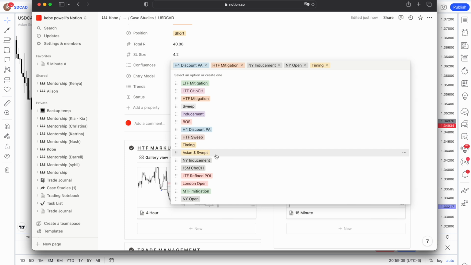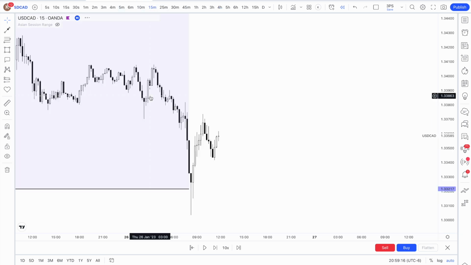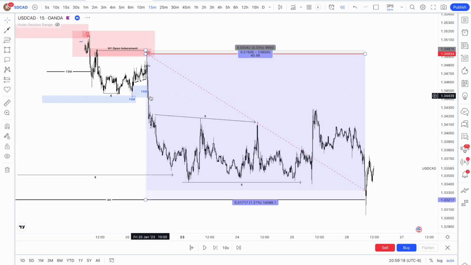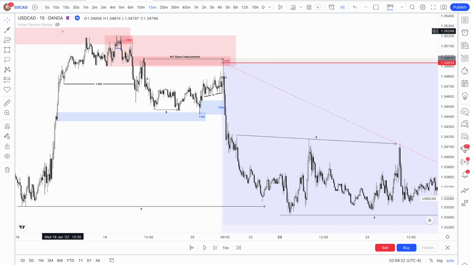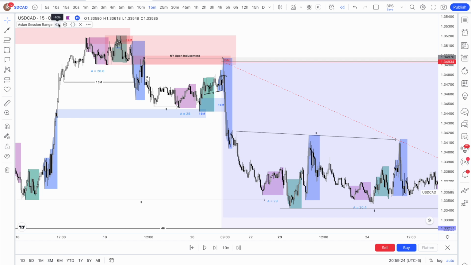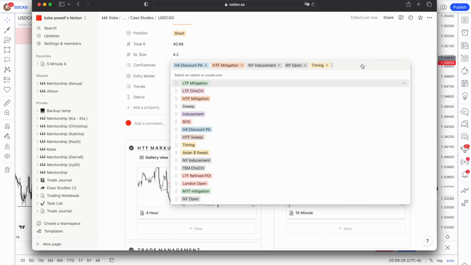We see the Asian liquidity had been swept because that was this, if we go down a little bit more. So when we go back to that 15-minute, we know this was that Asian liquidity that was left over because we see, well, really actually, apologies, that was not Asian liquidity. So we're going to take that back off. This was more just that New York inducement.